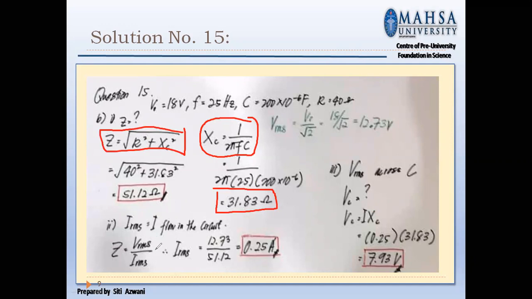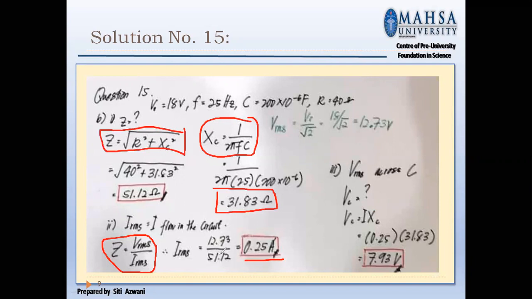So here again you have a formula: the impedance equal to VRMS divided by IRMS. Solve for the IRMS, you got the final answer 0.25 ampere.